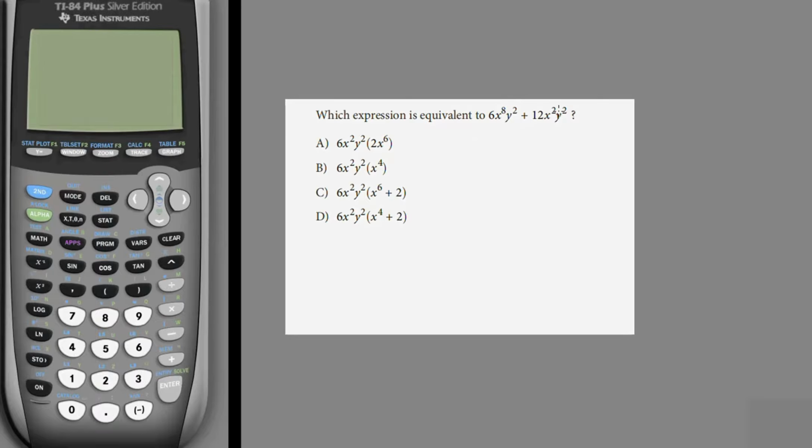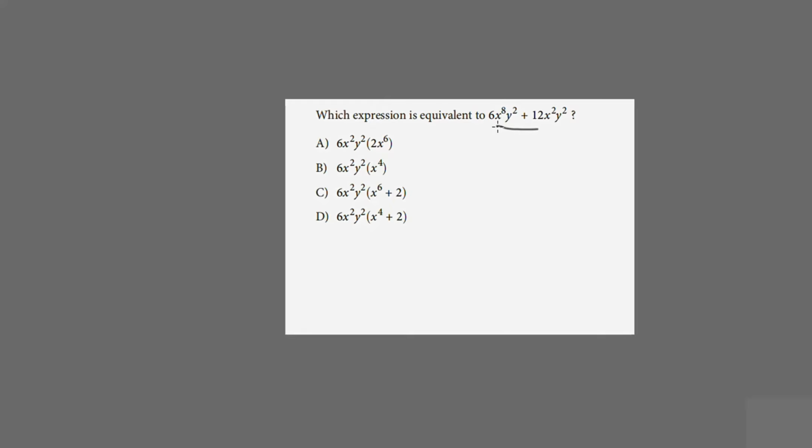If you are factorizing what you have here, we are going to have 6xy, okay, 6x squared y squared in brackets.